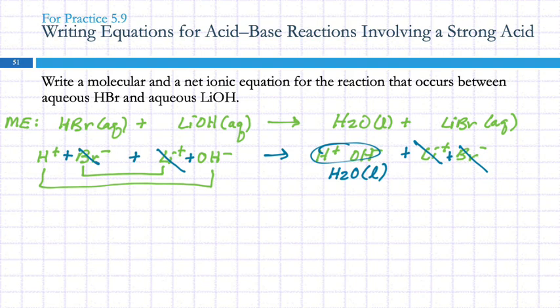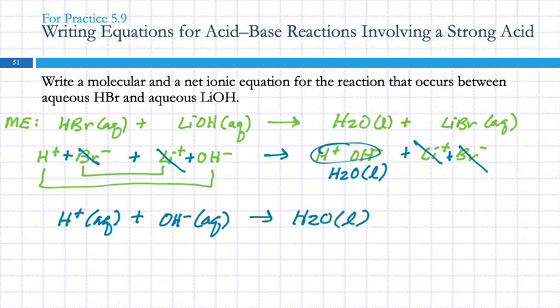So I'm going to copy down what's left, putting the state symbols back in. H plus, OH minus, making H2O liquid. And that would be the net ionic equation. That is the net ionic equation for a lot of acid-base reactions.